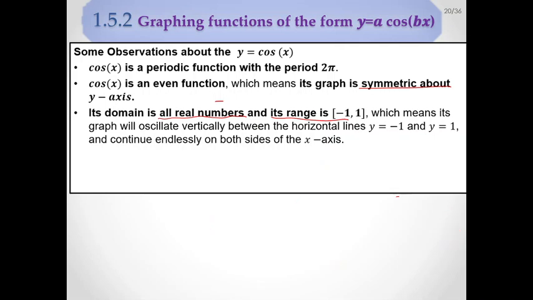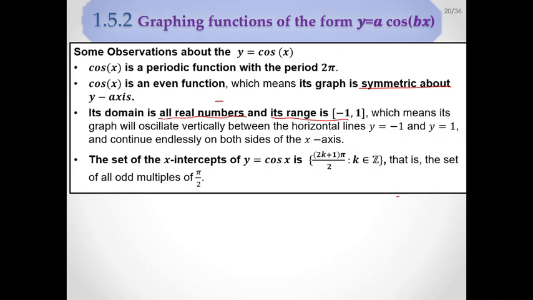And its intercepts are the odd multiples of pi over 2. What does this mean? It means at these values cosine is 0. So take k equal to 0, for example, you will get pi over 2 here. If k is equal to 0, then cosine pi over 2 is 0.